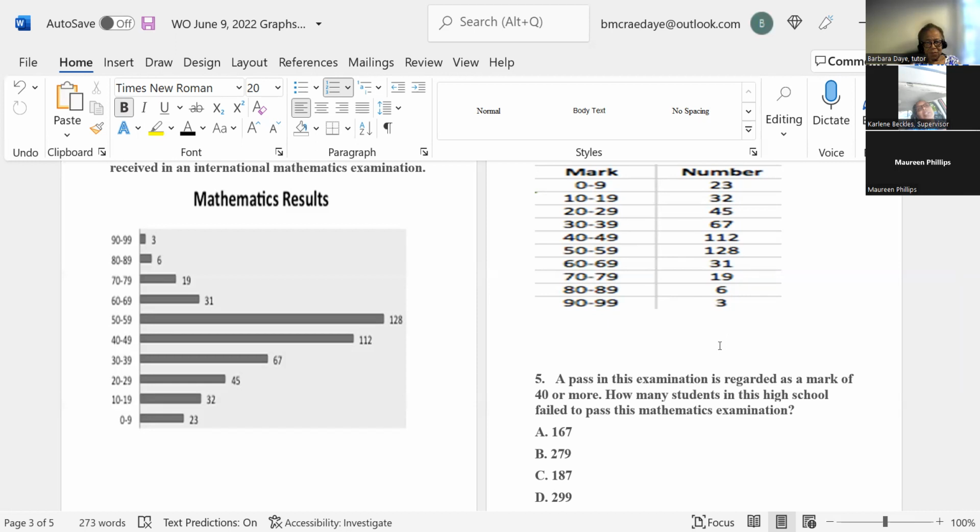Okay, so we add up from the 40 right down. And then divide it. No. Why would you divide?